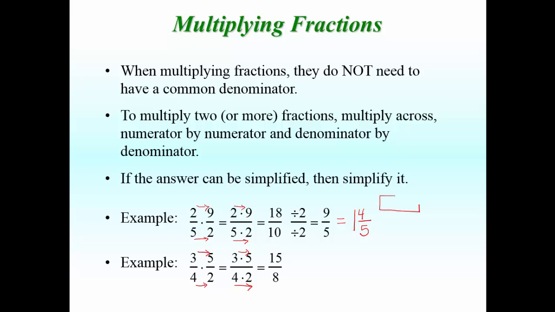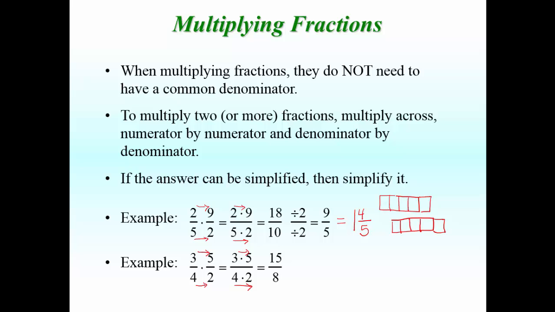If we look at a couple of rectangles broken into fifths, 1, 2, 3, 4, 5. 1, 2, 3, 4, 5. So these are two rectangles broken into fifths.